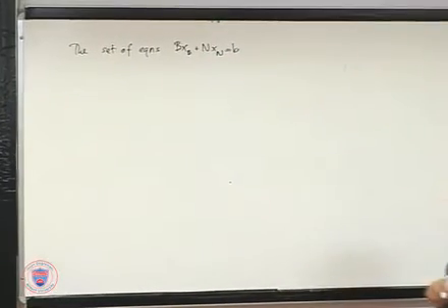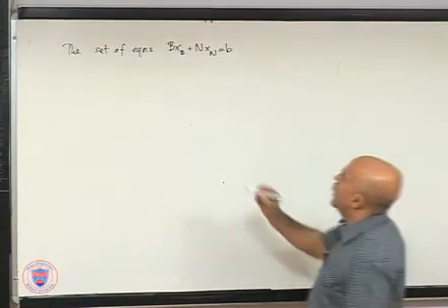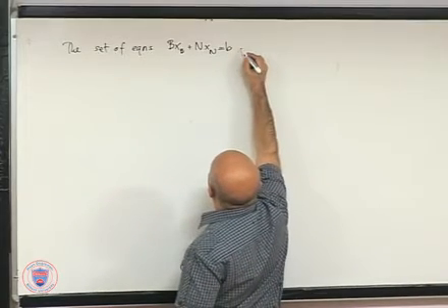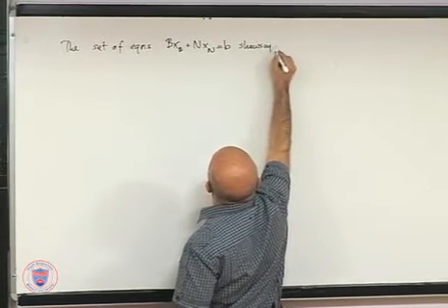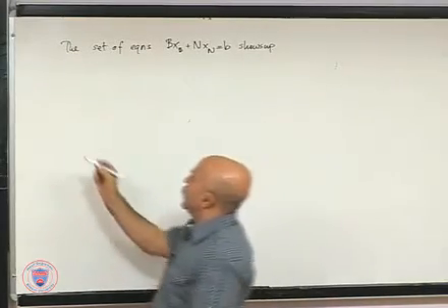So the set of equations B XB plus N XN shows up in the tableau in the following way.